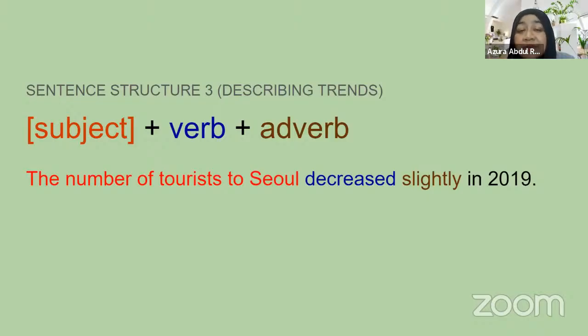So the number of tourists to Seoul decreased slightly in 2019. You can even make it into two sentences if the data is given to you for 2019 and 2020. The number of tourists to Seoul decreased slightly in 2019 before increasing dramatically in 2020, for example.